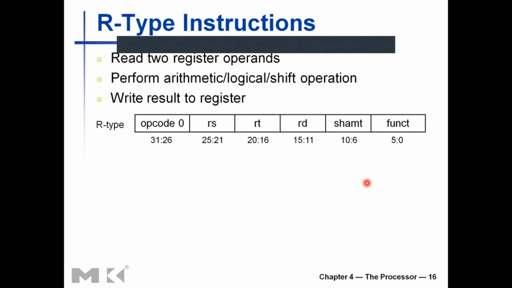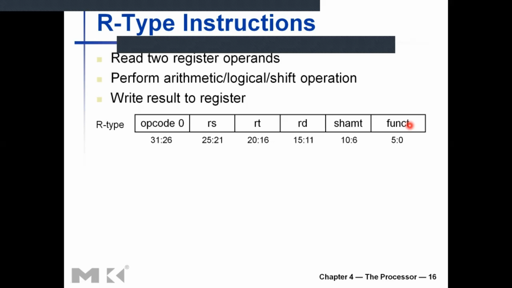Okay, so here, just to recall what we discussed earlier, the first 2 register operands, RS and RT, are register operands. RD is the destination register, and the function or funct field is provided to the ALU to tell it what operation needs to be done, whether you need to add the two operands or subtract one from the other and so on.